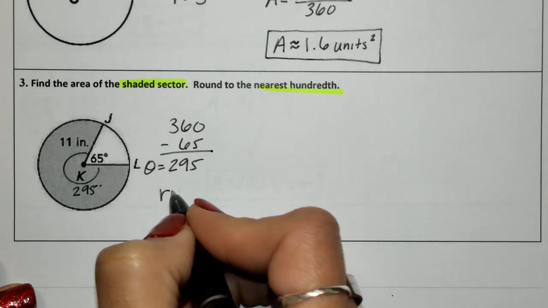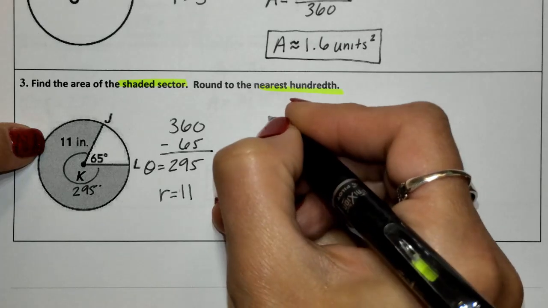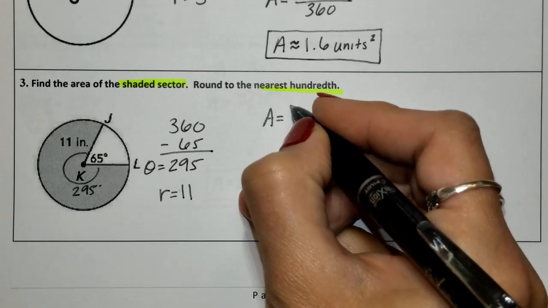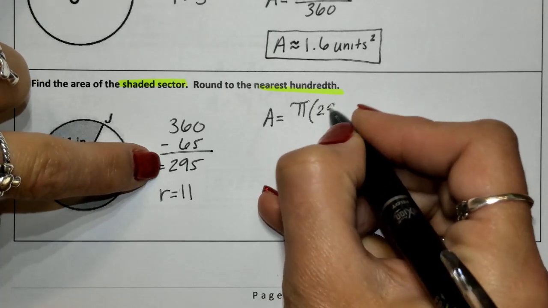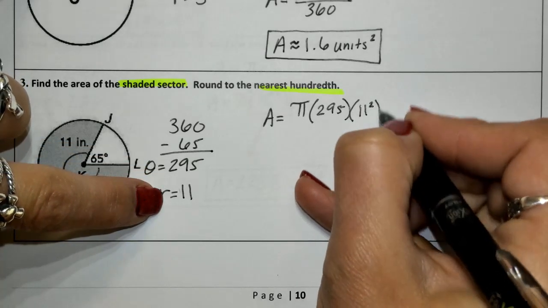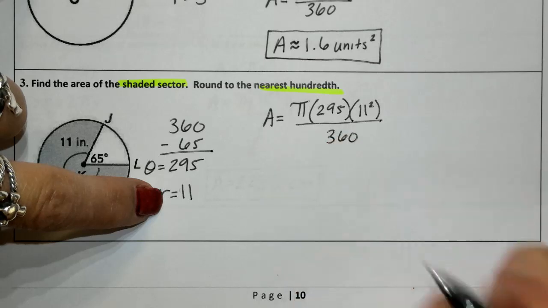And then our radius they gave us as 11. So let's look at our formula here. I'm not going to move it up and down anymore, but pi times the theta, we're using 295, times radius, 11 squared, in parentheses with the 11, all over 360.